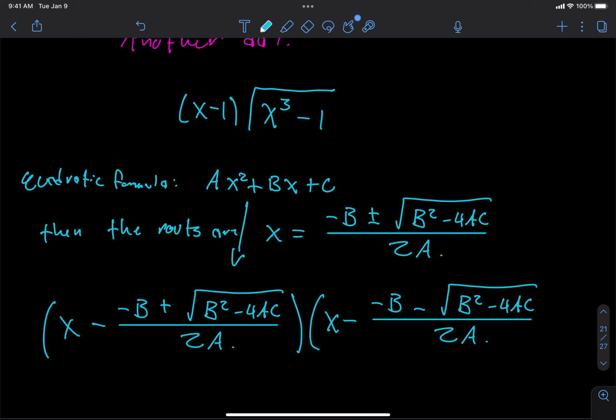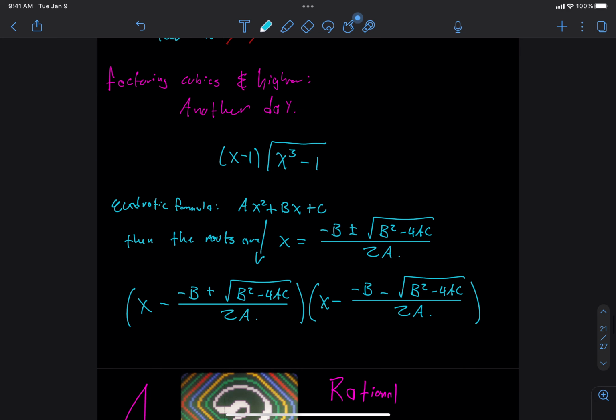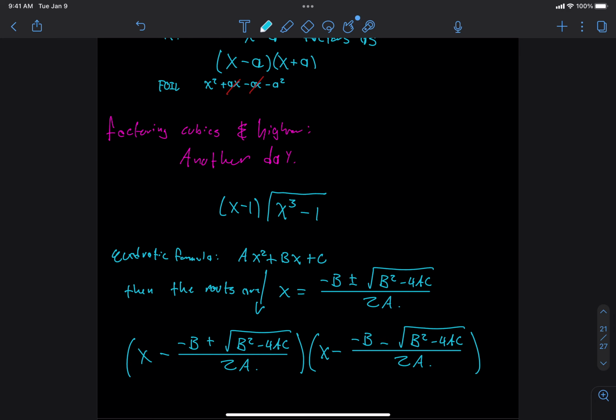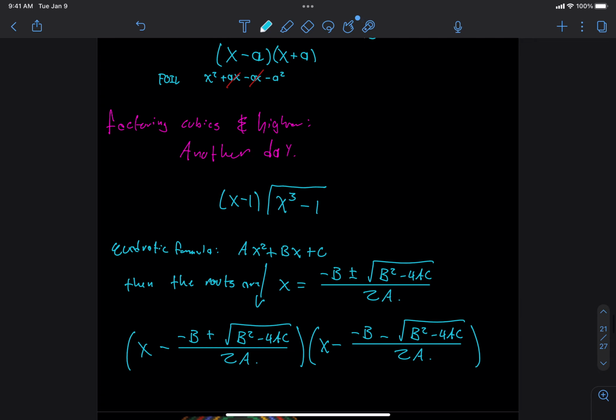Okay, so those will be the factors. So if all else fails, you can use the quadratic formula, and you can get the factors that way.